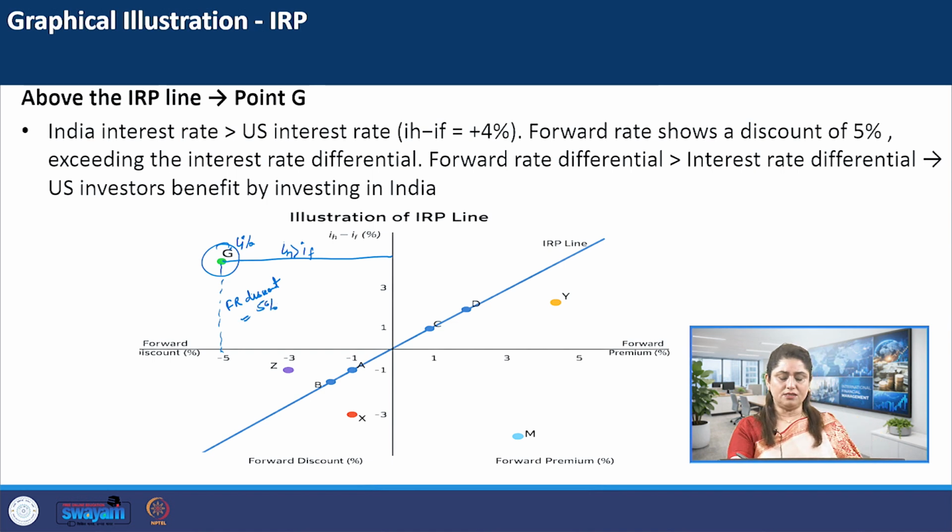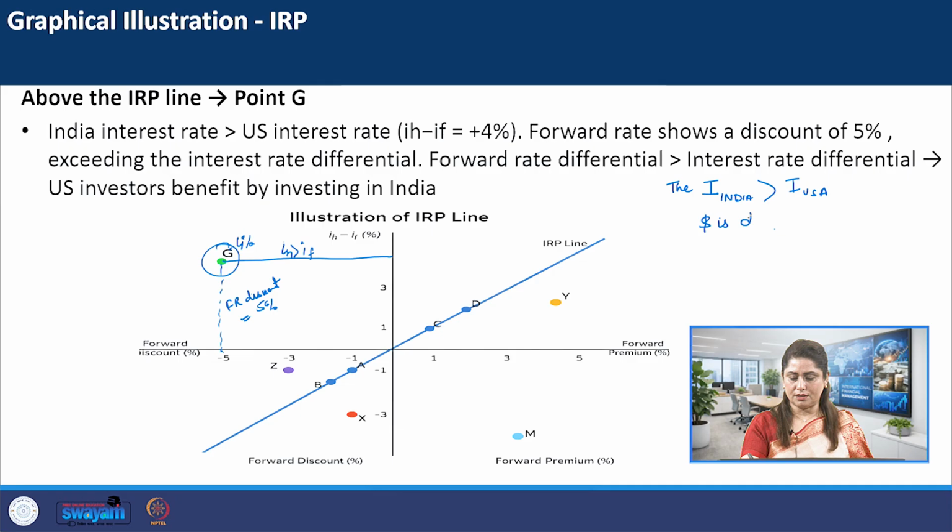So here, the home interest rate, that is the interest rate of India, is greater than interest rate of USA by 4%, and at the same time the dollar is depreciating by 5%.